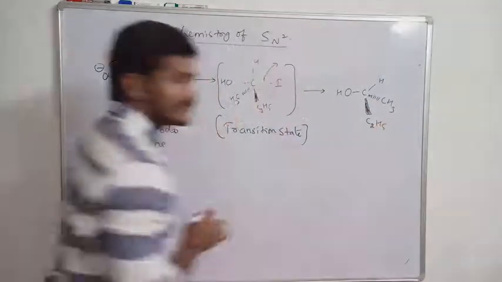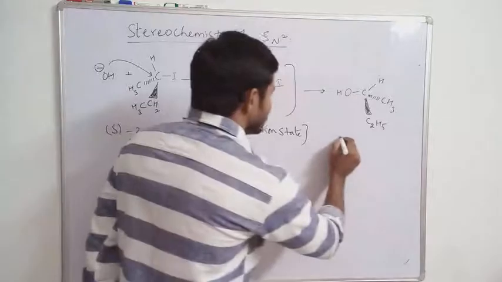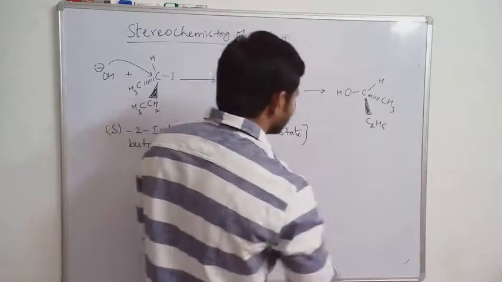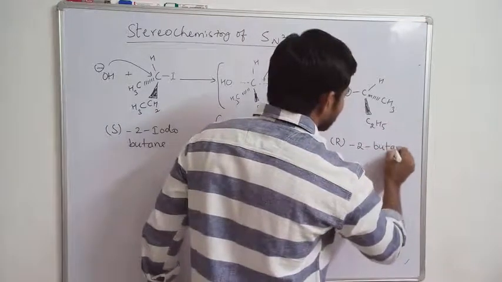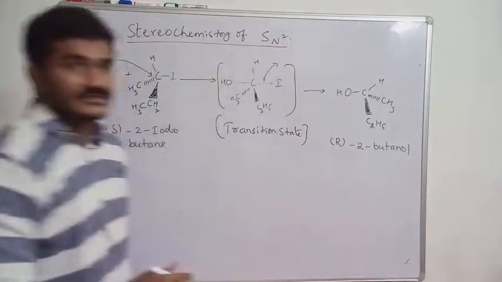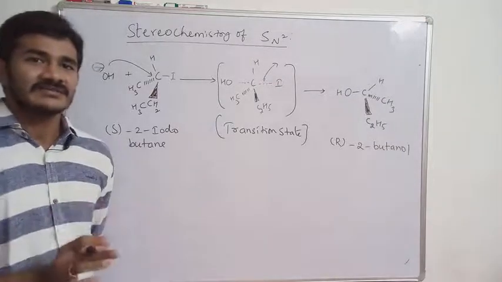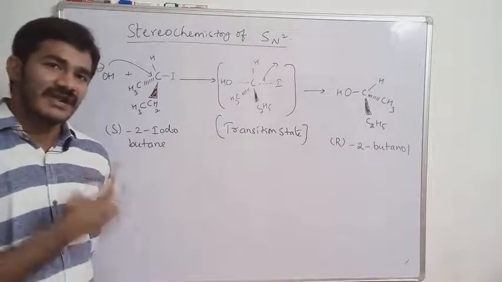The configuration of this molecule is R, 2-butanol. So in the SN2 mechanism, the products show inversion, which is the Walden inversion.